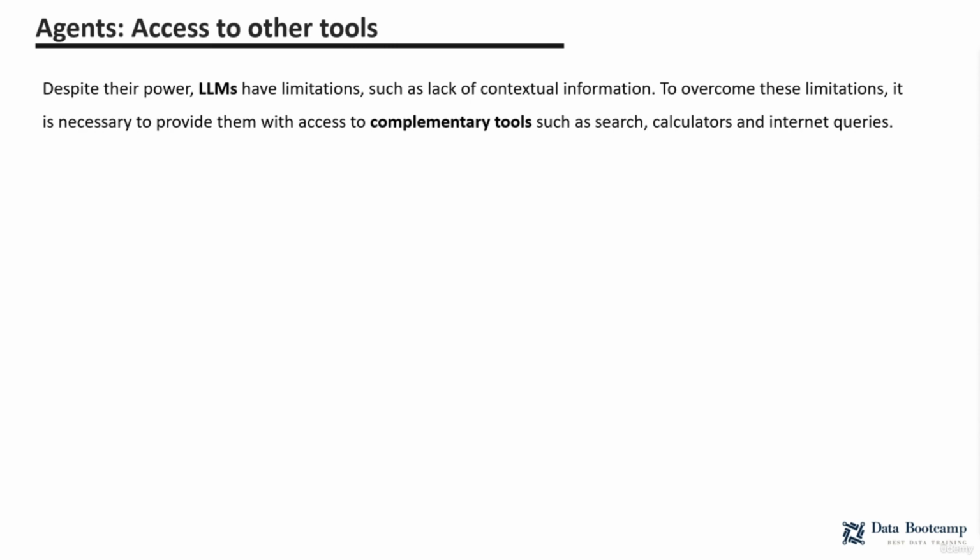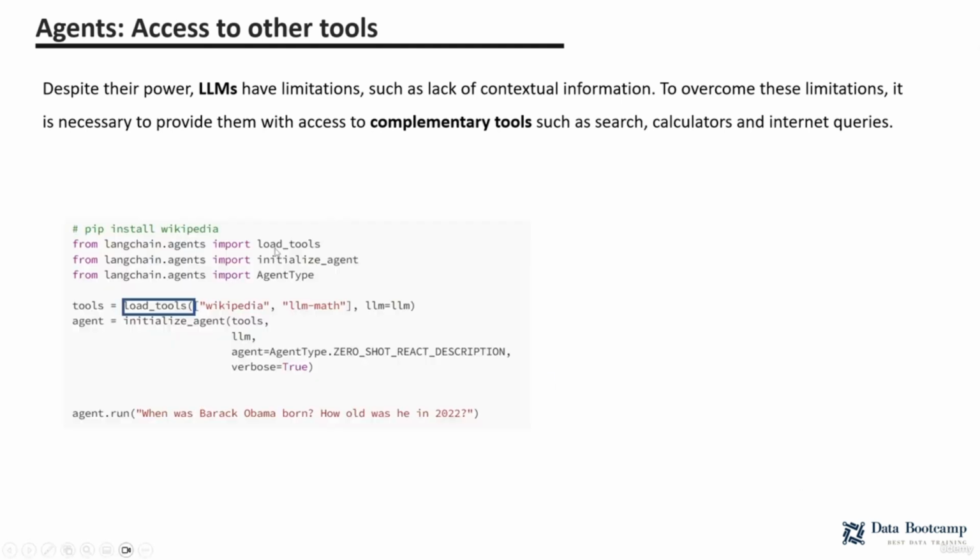Let's look at an example where we ask ChatGPT about Barack Obama's date of birth. Since this is a specific piece of information that can change and that ChatGPT may not know, we need to connect it to Wikipedia and a calculation tool to determine his current age. To achieve this, we first import the necessary functions from LangChain.